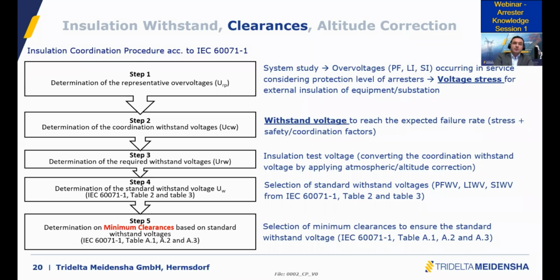Step 2 is to define the withstand voltage to reach the expected failure rate, which means the stress plus the safety and coordination factor. Then we integrate the atmospheric or altitude correction factor. And then the IEC 671 will give you some standard values in tables to select the appropriate standard withstand voltage and standard clearances.